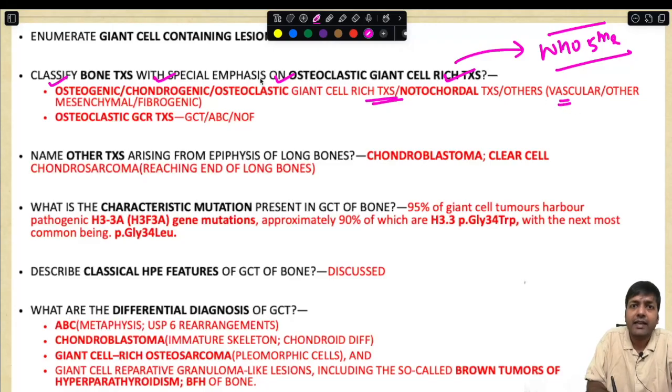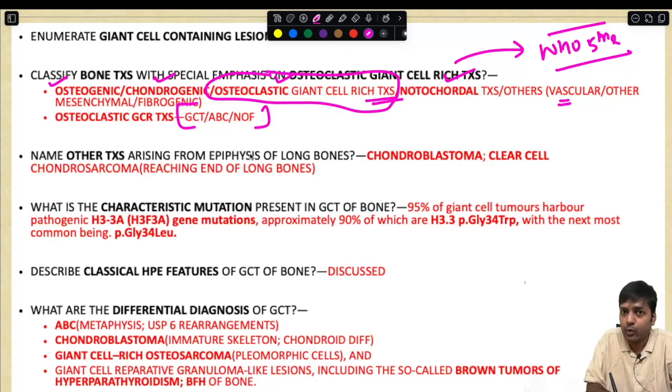Among them, the osteoclastic giant cell rich tumors mainly include three entities: giant cell tumor of the bone, aneurysmal bone cyst, and non-ossifying fibroma. This is according to the WHO 5th edition.